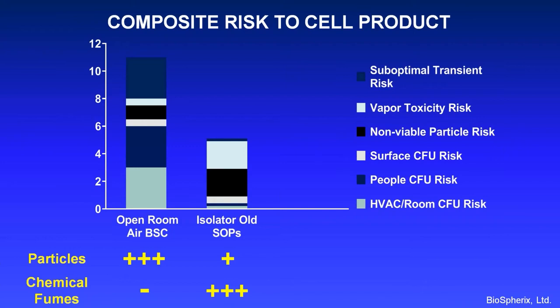However, because it's closed, the chemical fume risks are significantly increased. The overall risks are inverted. Furthermore, if you mitigate the process using new SOPs and choose proper disinfectants, those increased fume risks can be controlled in the ex vivo systems.